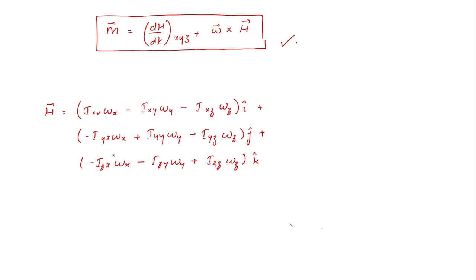So if I take the derivative dH by dt, then I'll have to take the derivative of each of these terms. So M vector is equal to dH by dt vector. If I take the derivative of each of these terms, it will be a very lengthy equation.